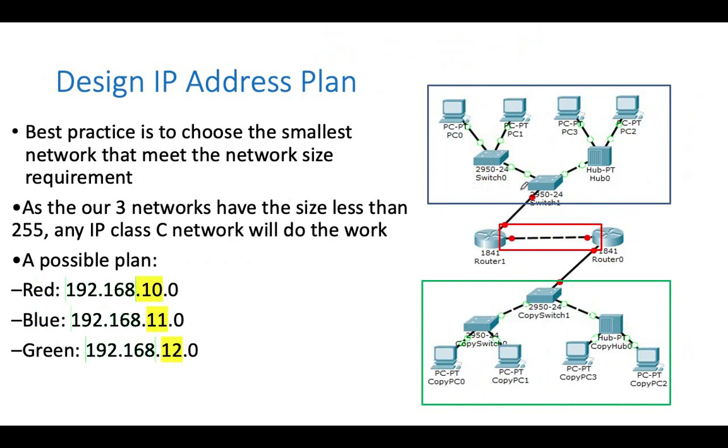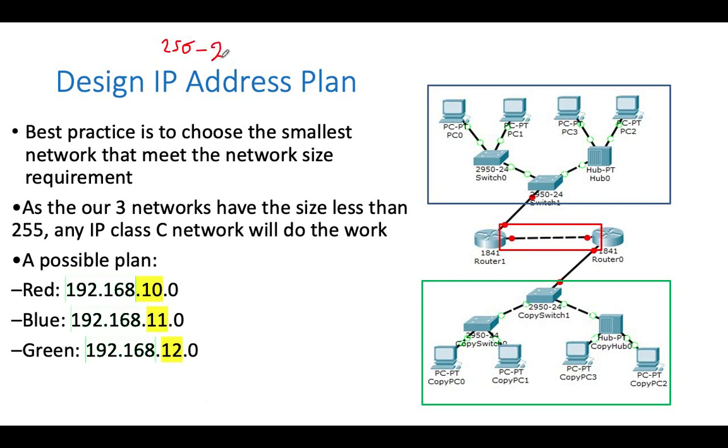How do we assign IPs to different networks? Very basic. If I want to put hosts under 256, as I told you, if I have 256 IP addresses, how many hosts can I use?